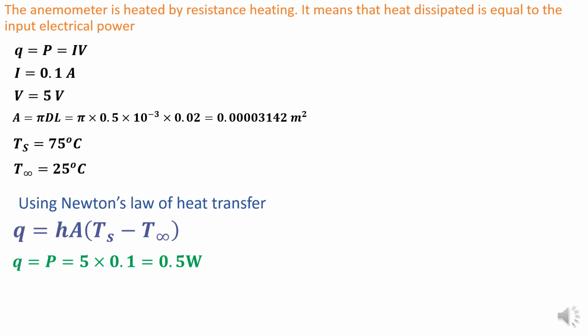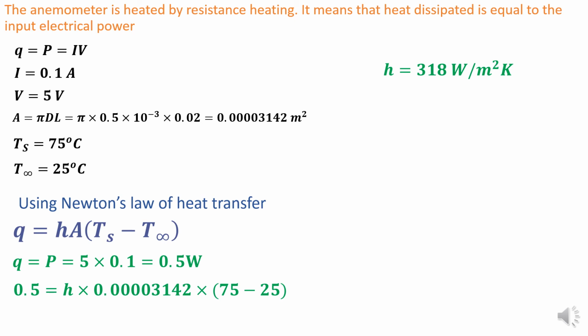From this calculation, heat transfer comes out to be 0.5 watt. We have the value of Q, the perpendicular area, Ts and T infinity. So we can solve Newton's law of cooling for the convection coefficient, and from this equation the convection coefficient comes out to be 318 watt per meter square Kelvin.